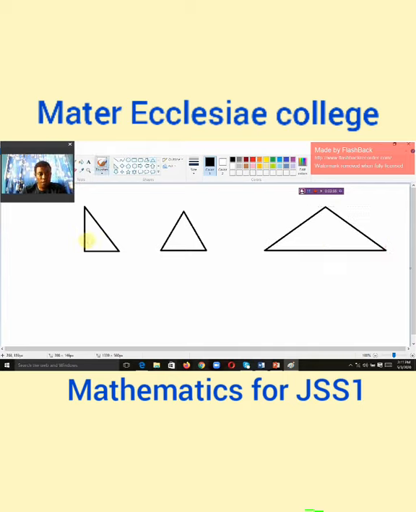Now look at this. 90, 45, 45, and then 50. So this is acute. All the angles are less than 90 degrees. Then 70, and 130.